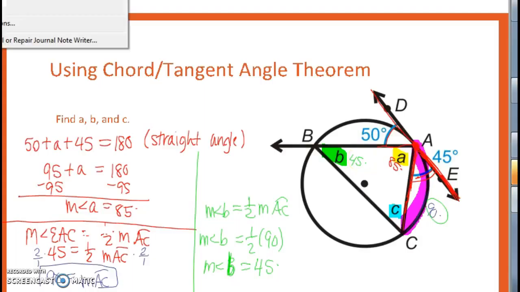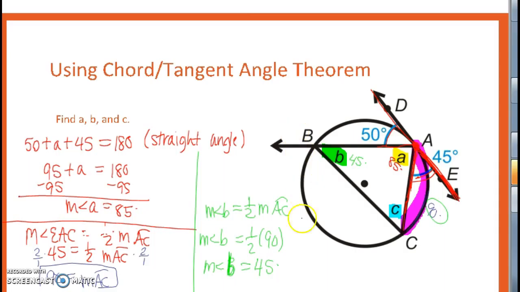And then you guys might be able to guess what I want to use to find the measure of C over here. I can just use the triangle sum theorem, right? All three angles of a triangle add up to 180. So the triangle sum theorem says that B plus A plus C has to equal 180.